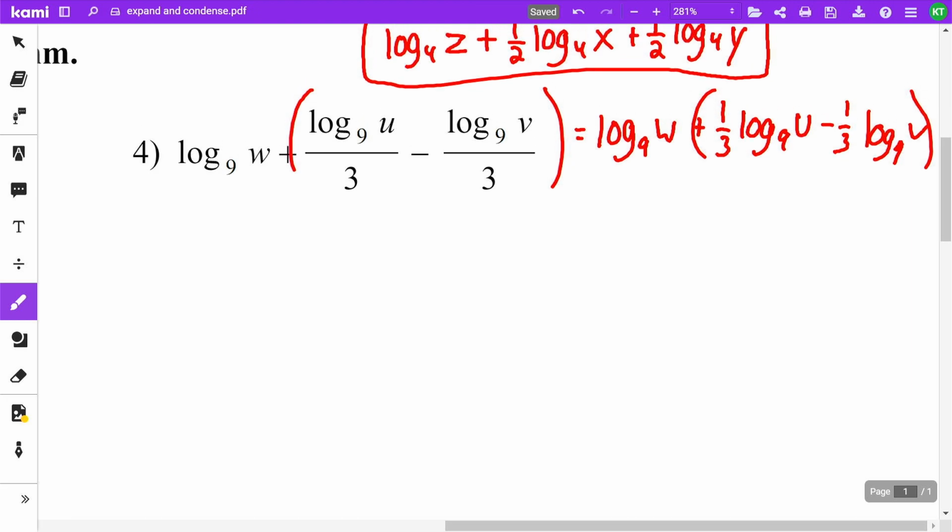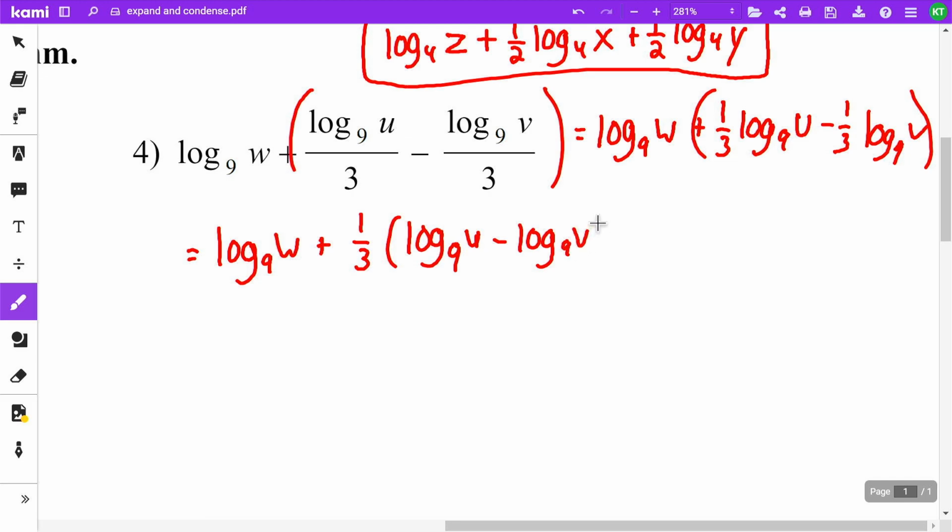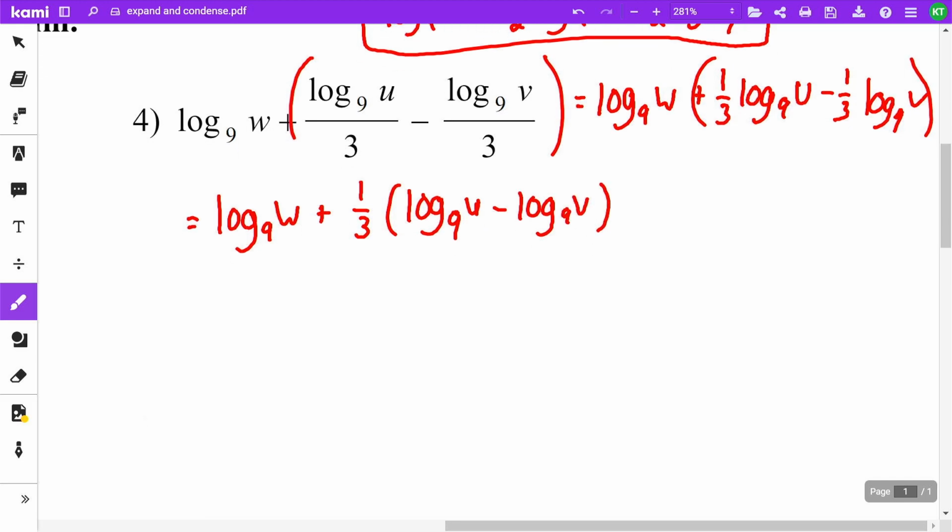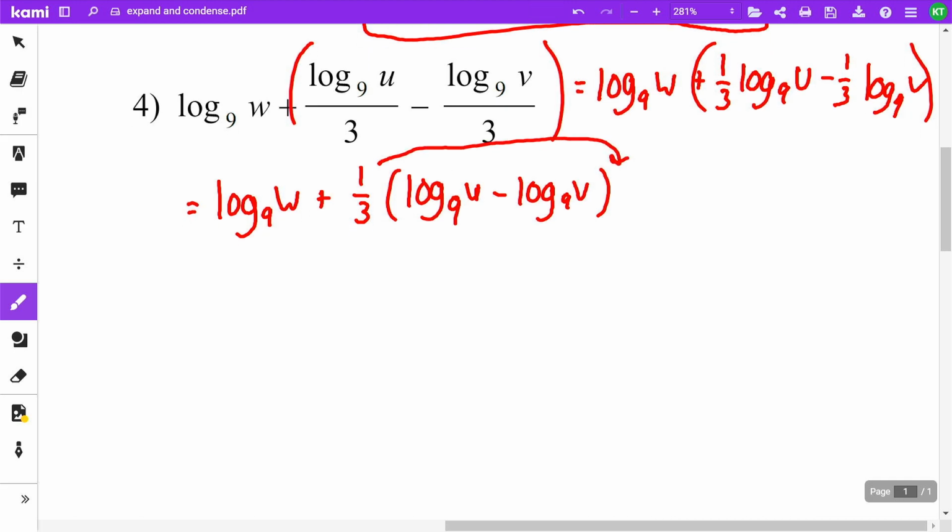So this is going to be equal to, again, my log base 9 of w isn't going to change yet, but it's going to be added to 1/3 times my log base 9 of u minus my log base 9 of v. Then I'm going to go ahead and use my power rule and move my power up here.